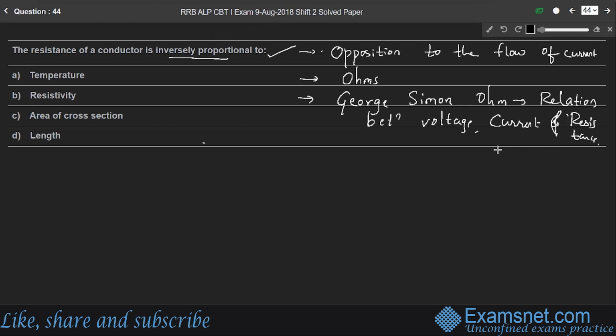Therefore, resistance is given as rho L by A. This symbol is rho, where rho is called resistivity.